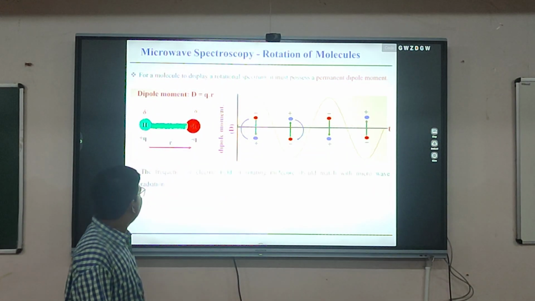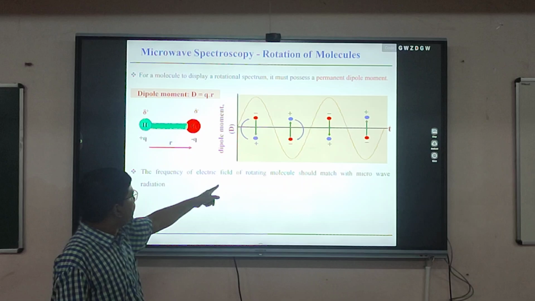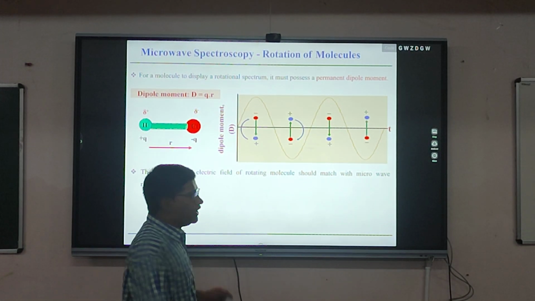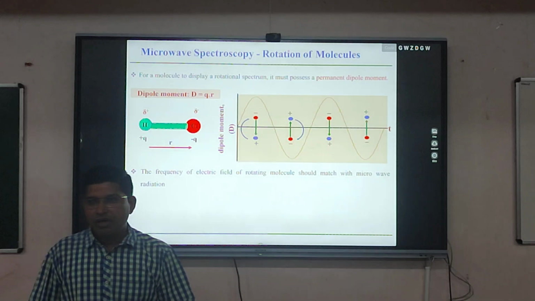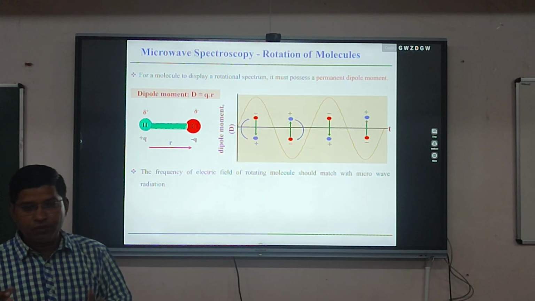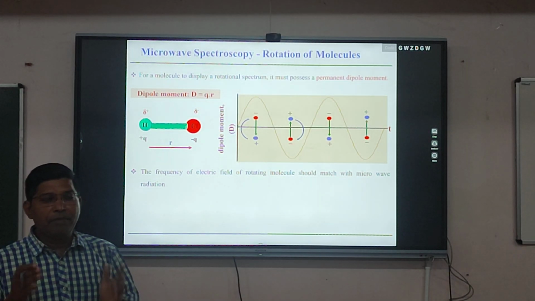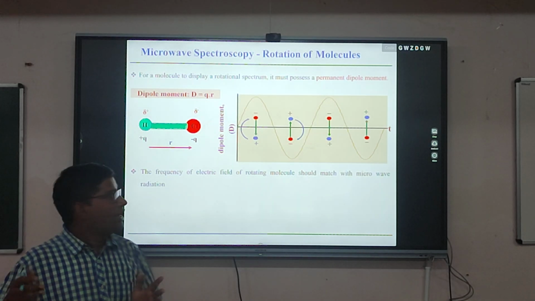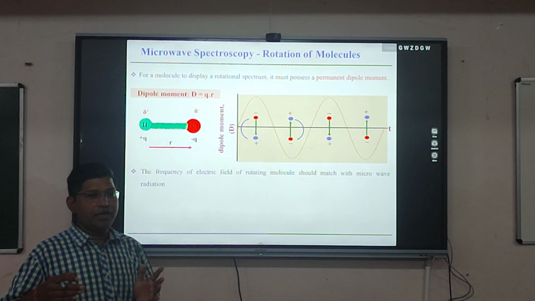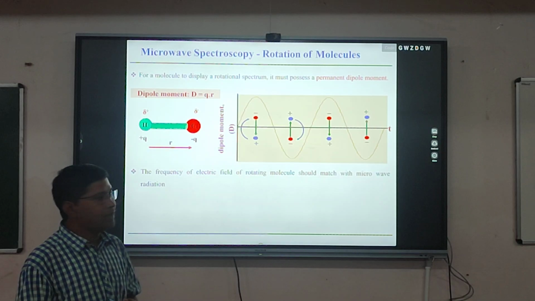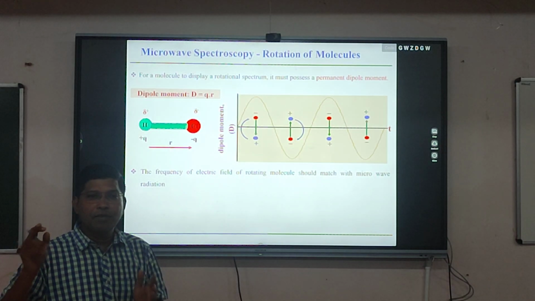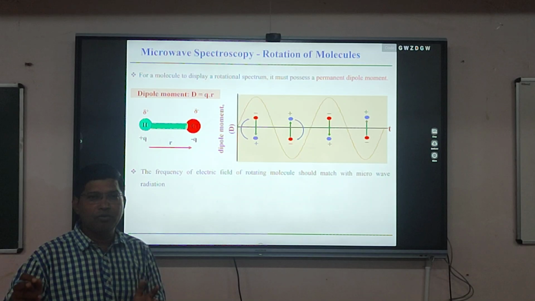Another point is that the frequency of the electric field of the rotating molecule should match the microwave radiation. For the condition of obtaining a microwave or rotational spectrum of any molecule from an unknown sample, the first condition is that the molecule should possess a permanent dipole moment.